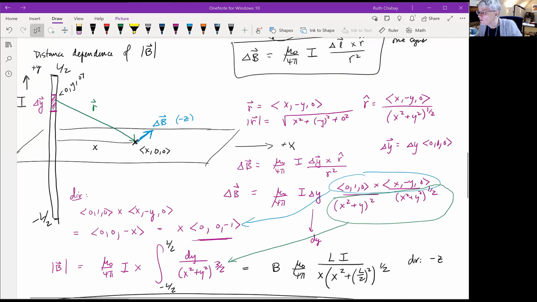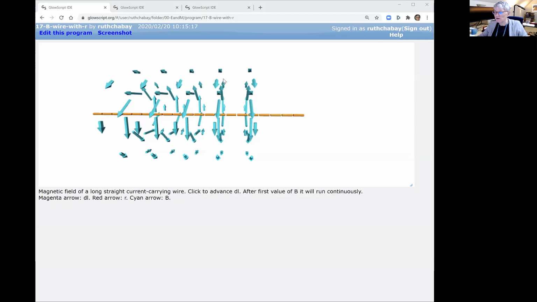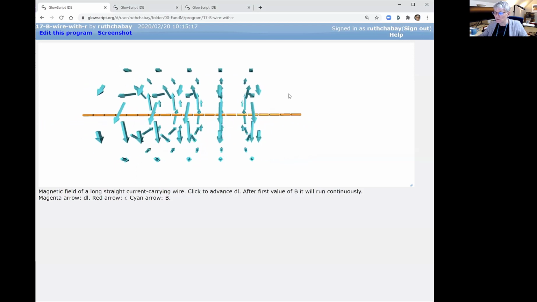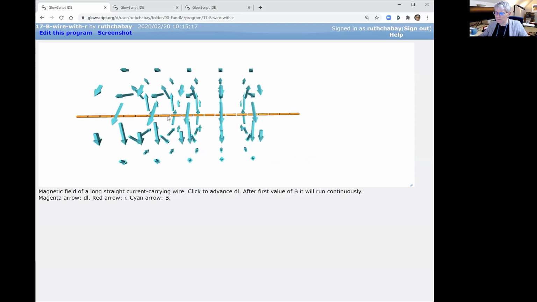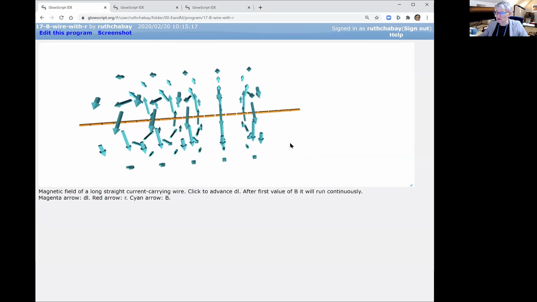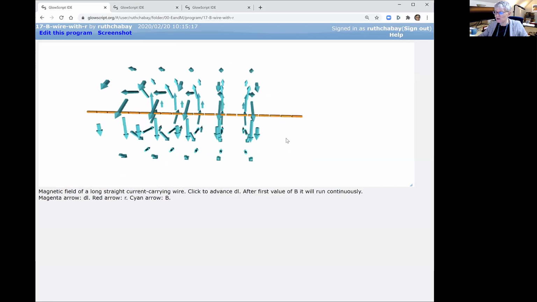Well, although technically we've only calculated this for a single observation location. So remember that when we did this numerical calculation with this finite wire, we got pretty much the same results everywhere we look. Now, we didn't look right at the end of the wire.